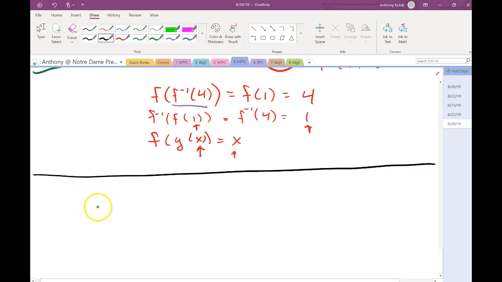This time, instead of our function f of x being described using a mapping diagram, I'll describe my function f of x with a set of ordered pairs.